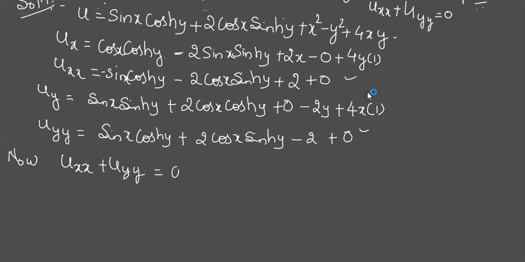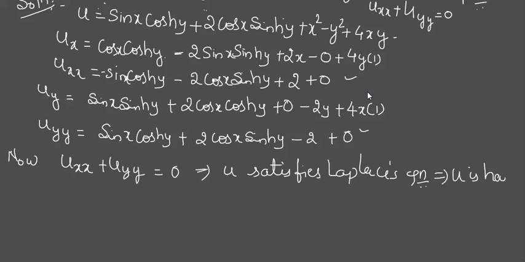So if you add these two equations, obviously it is going to be 0. So that means u satisfies which equation? Laplace equation. Therefore, u is which type of function? Harmonic. Done.